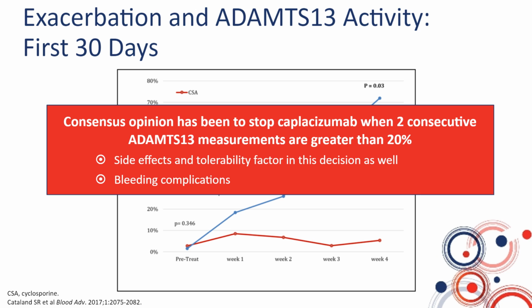Now, what's going to factor in is the tolerability and side effects any patients might be experiencing, which may cause you to stop it earlier, potentially after one reading of 20% or greater if the patient is dealing with complications or hemorrhagic issues. So certainly some guidelines, but nothing that's set in stone.